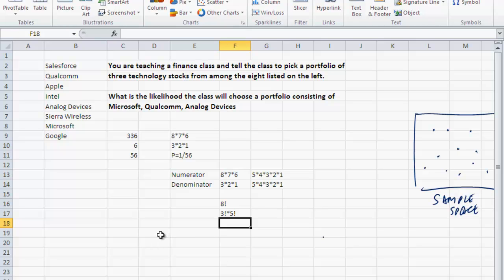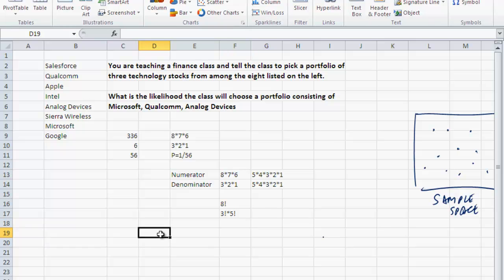So the situation we have here when we are trying to count is we are trying to choose 3 things out of 8, and order does not matter. When order does not matter, we use combinations.